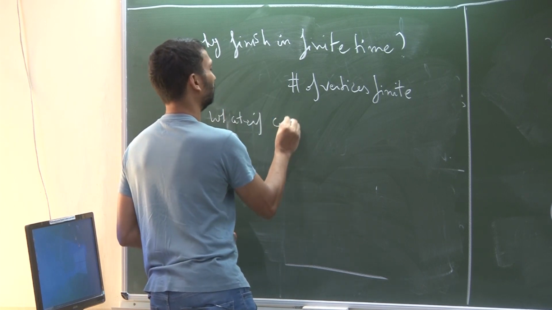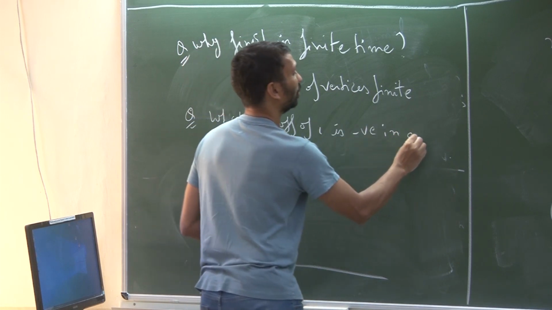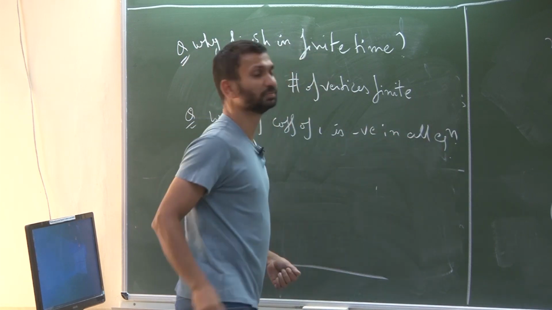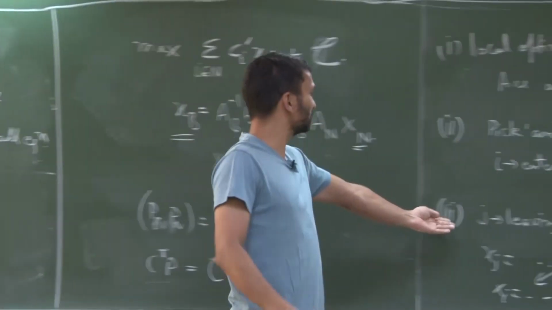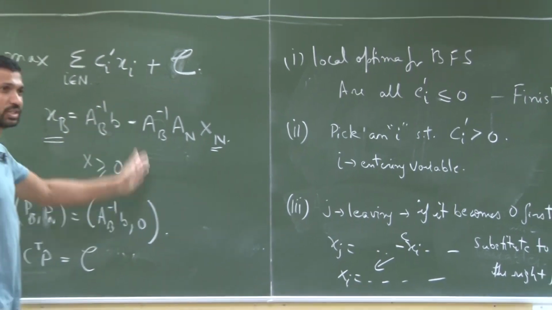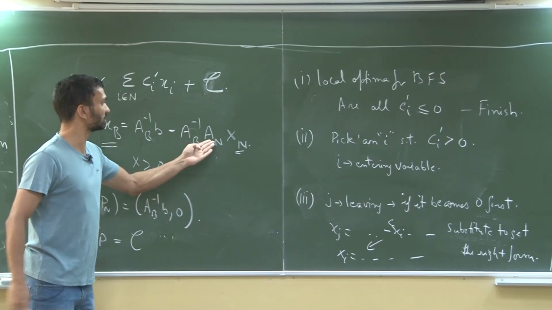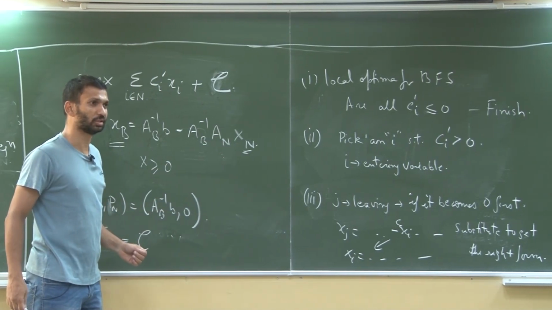What if the coefficient of xi is negative in all equations? I won't find j, right? It could happen that if you look at all these equations, the coefficient of xi is negative everywhere. I never said that this quantity is going to give you positive coefficients, right?